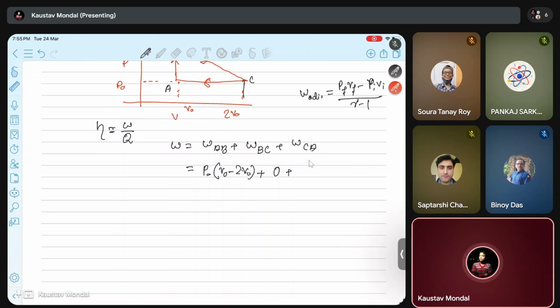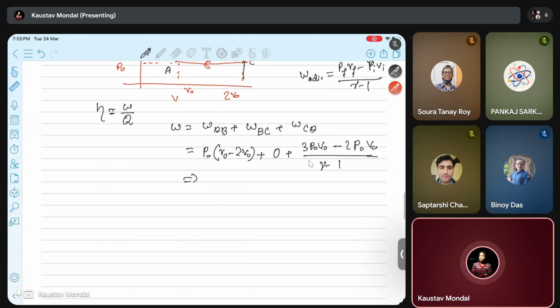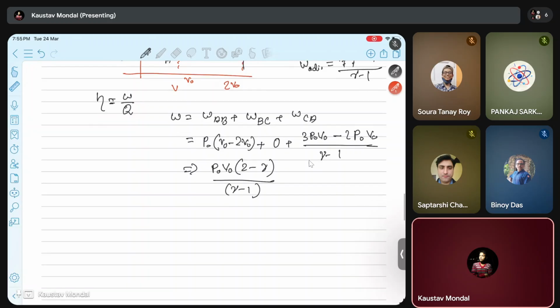So in this case, it would be 3P0 V0 minus 2P0 V0 by gamma minus 1. Okay. So if you do the calculation, you'll get P0 V0 into 2 minus gamma by gamma minus 1.